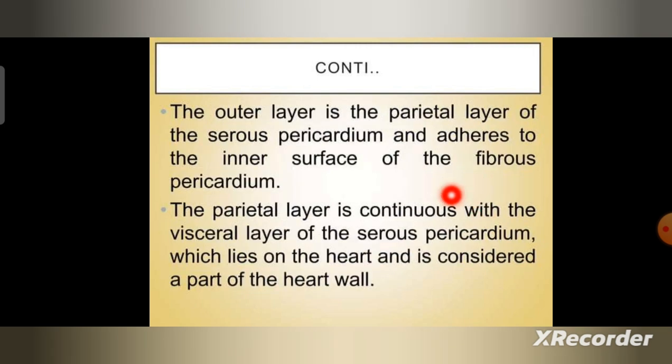The outer layer is the parietal layer of the serous pericardium and adheres to the inner surface of the fibrous pericardium. The parietal layer is continuous with the visceral layer of the serous pericardium, which lies on the heart and is considered a part of the heart wall.